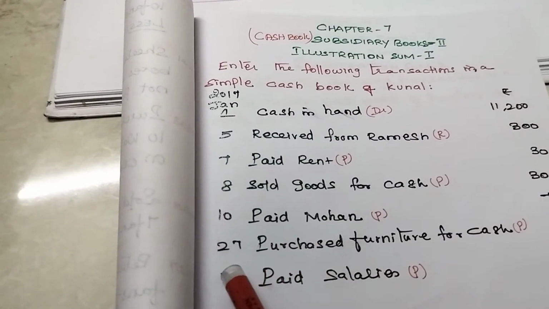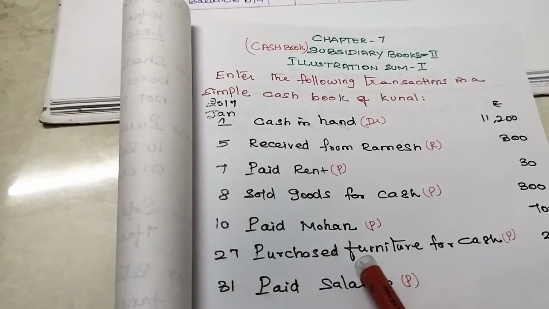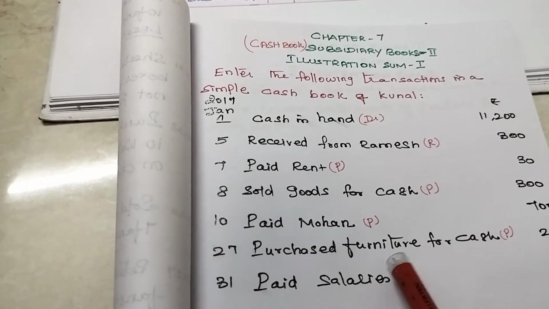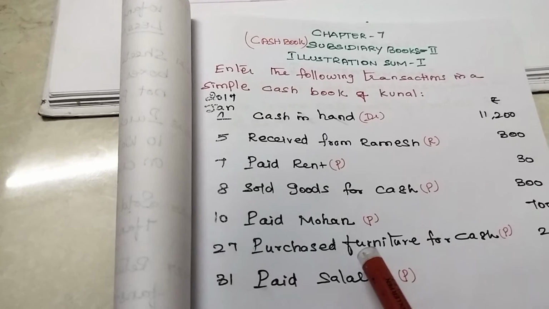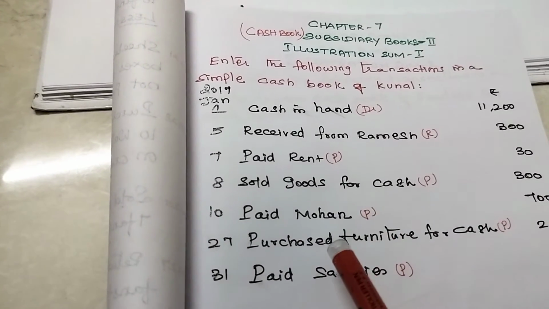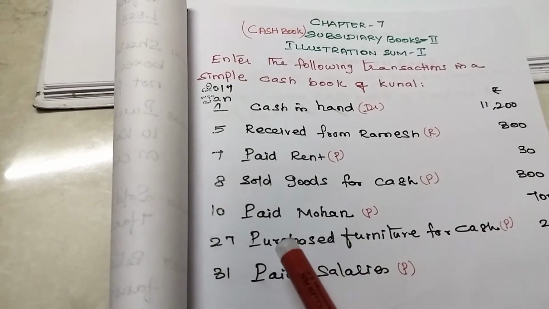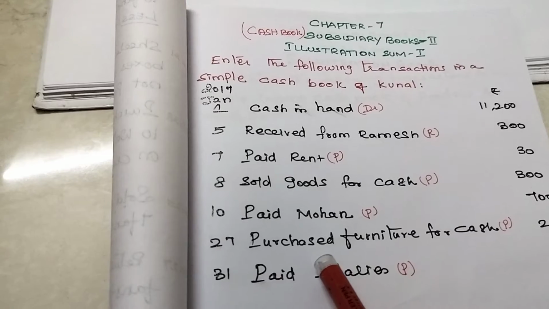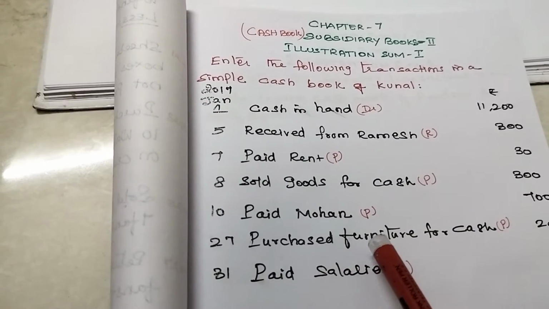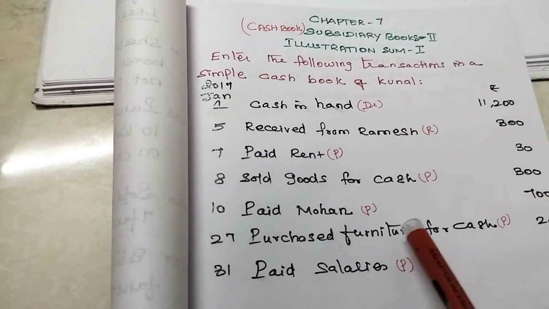Then January 27, purchased furniture for cash. Purchased furniture means an asset purchased. If they had given purchased goods, you would write the purchases account, but here they have clearly given the name of the asset, so you have to write the furniture account.